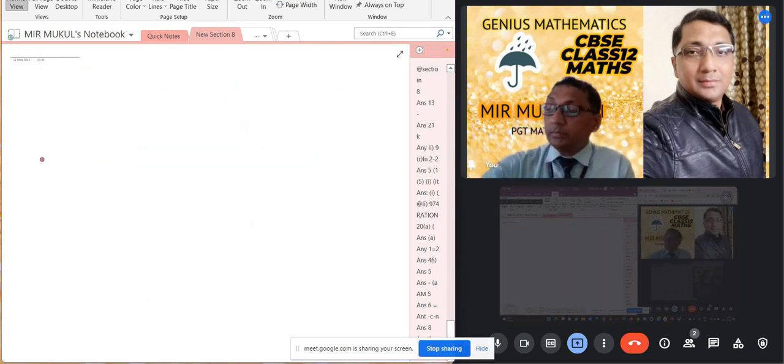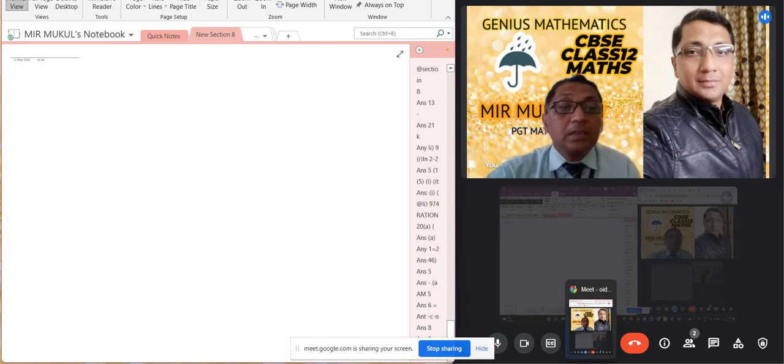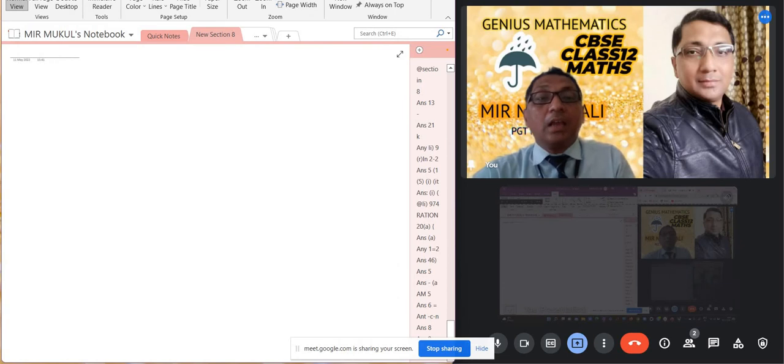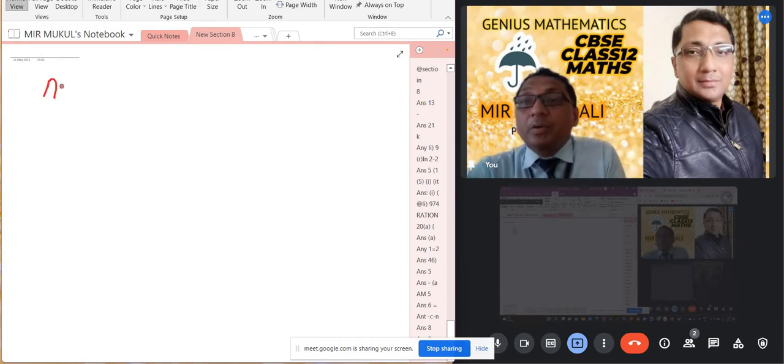Now 10. Just check question number 10. Multiply 2 by 7 by the multiplicative inverse of minus 18 by 49. In NCERT also you will get same kind of question. Answer 10.